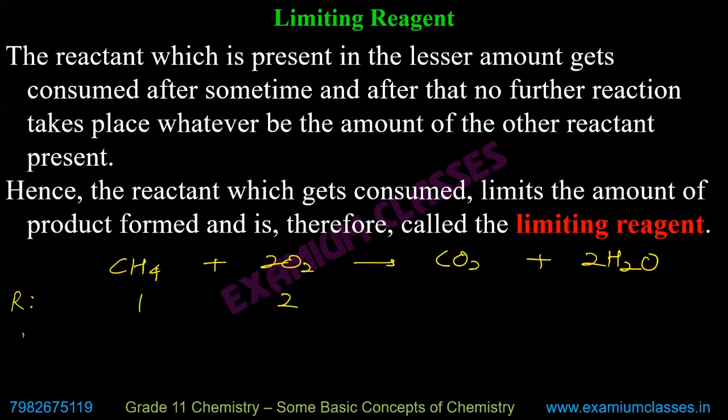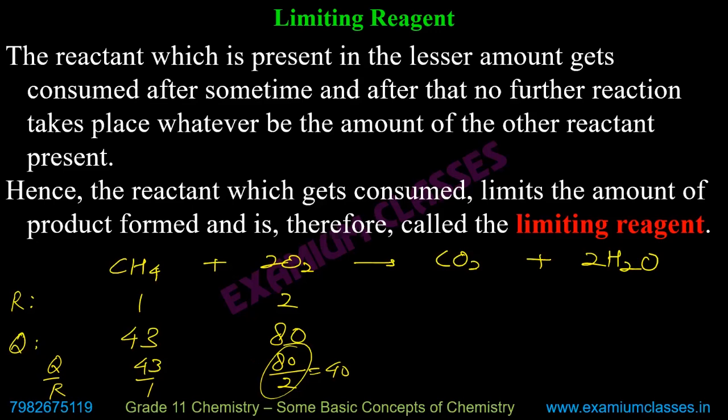And suppose given in the question, this is given 4, this is given 8. So calculate the Q by R ratio. 4 divided by 1, 8 divided by 2. Which one is less? Oxygen, sir. So oxygen is the limiting reagent.